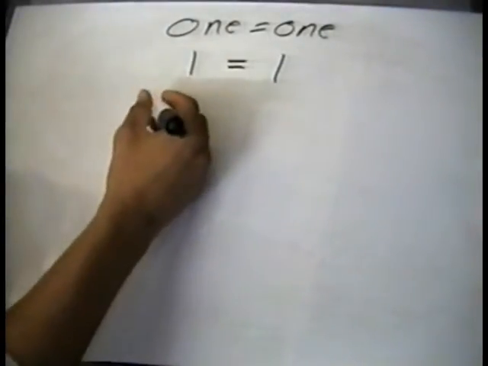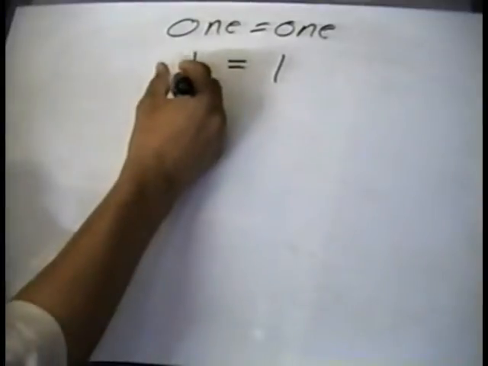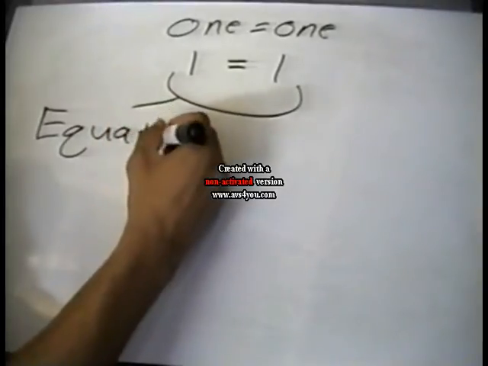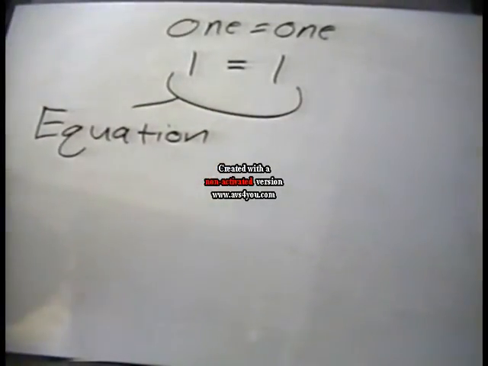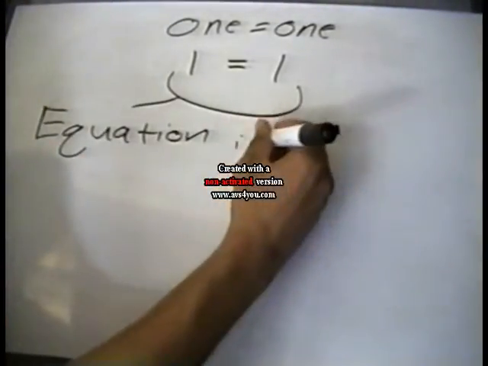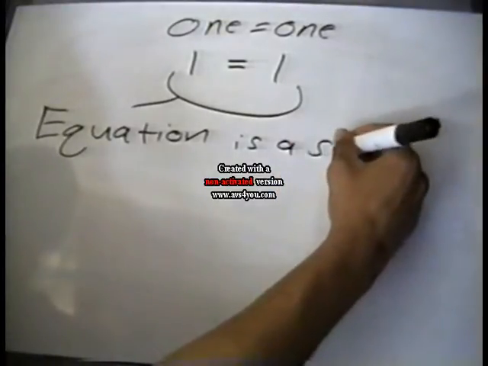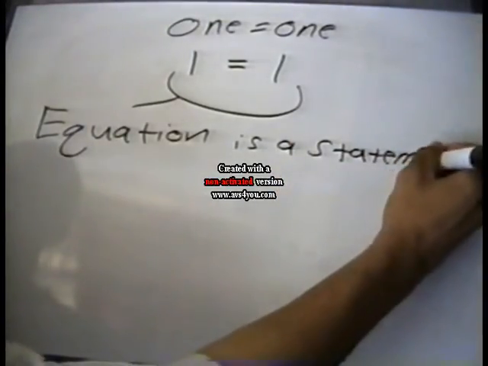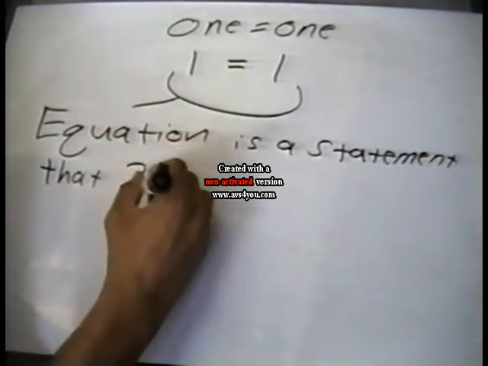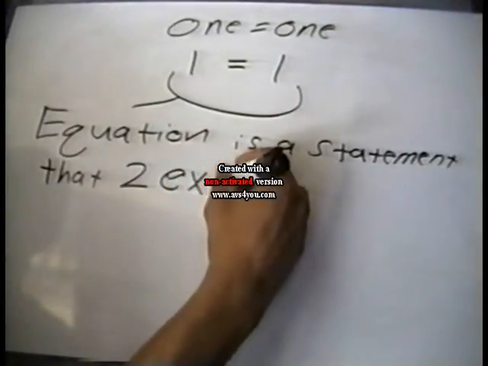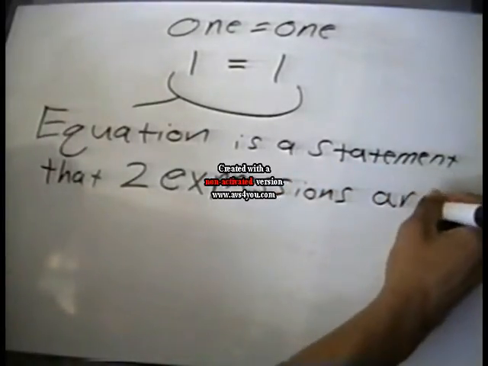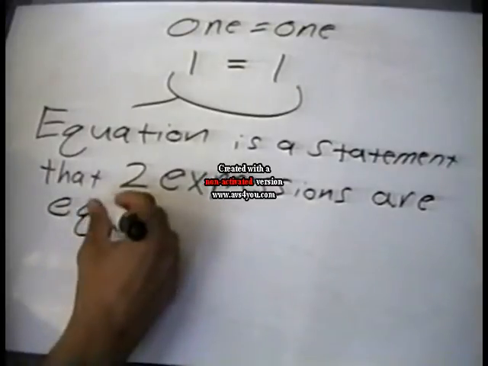So if we add a number to both sides, the equality is going to remain true. So here, this is called an equation. An equation is a statement that two expressions are equal.